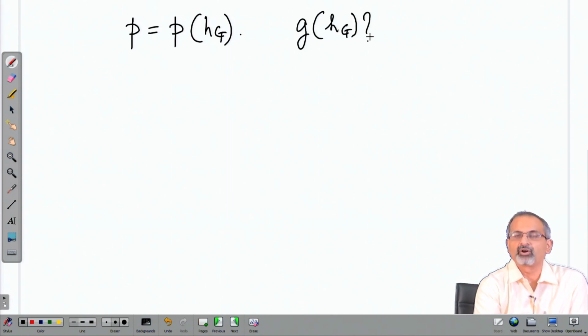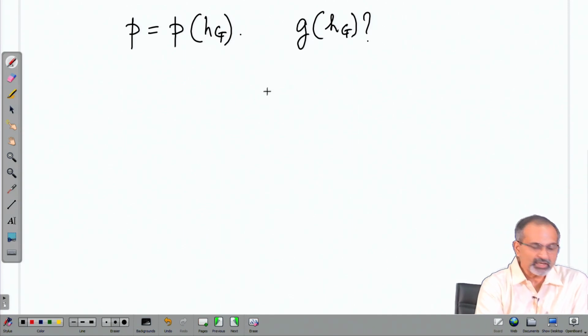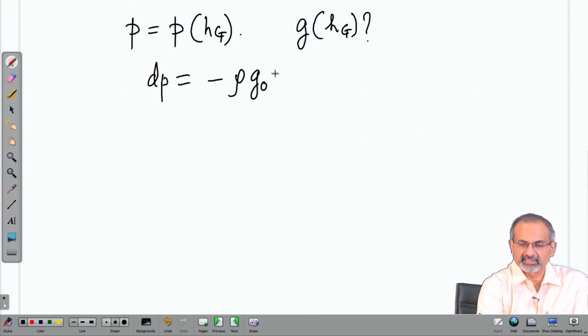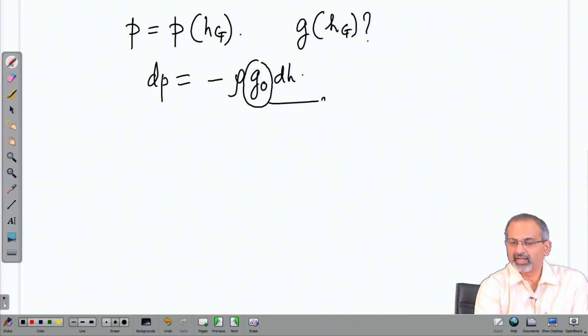So, how do we incorporate that change? That is going to be a little difficult if you really want to incorporate it and integrate that expression. So, in order to simplify it, we would assume that the same pressure change would be brought about by assuming that the g is the same as what you have at the sea level.